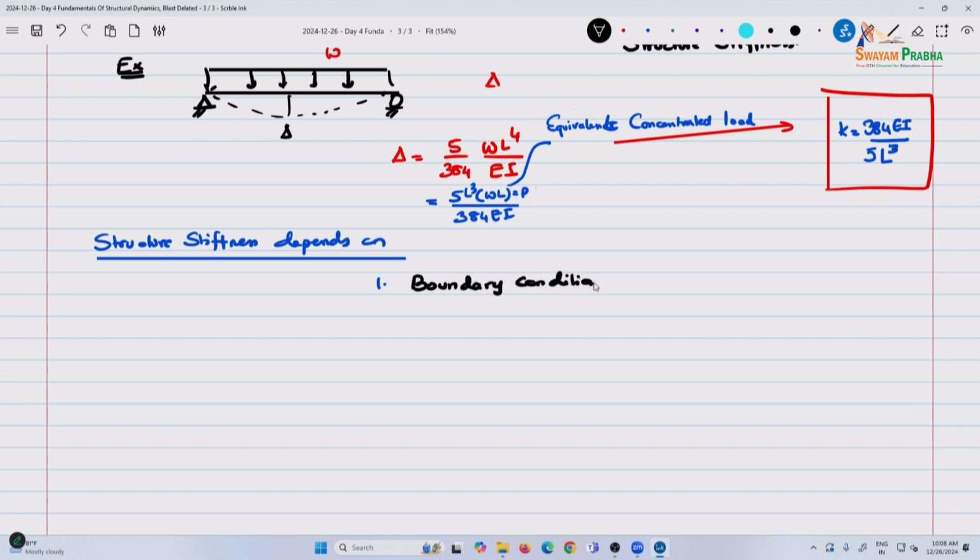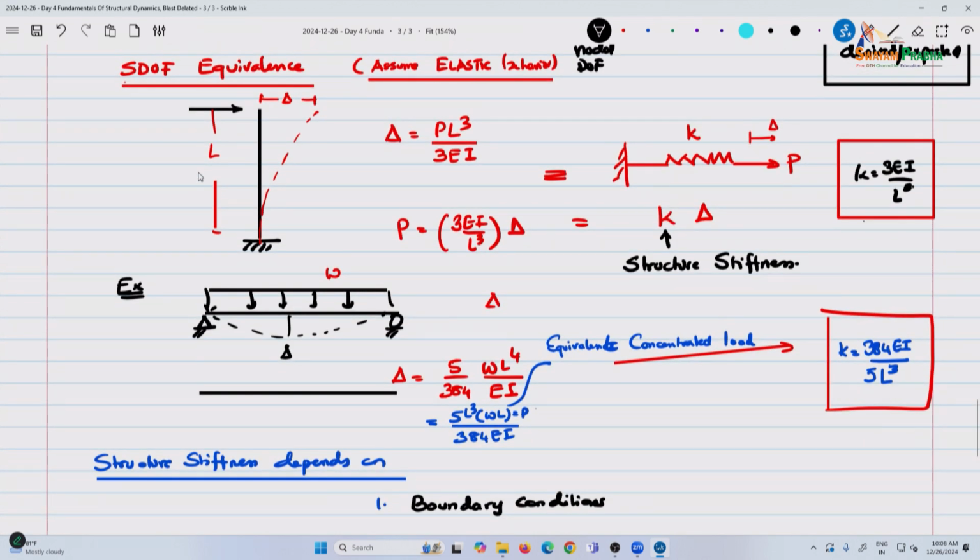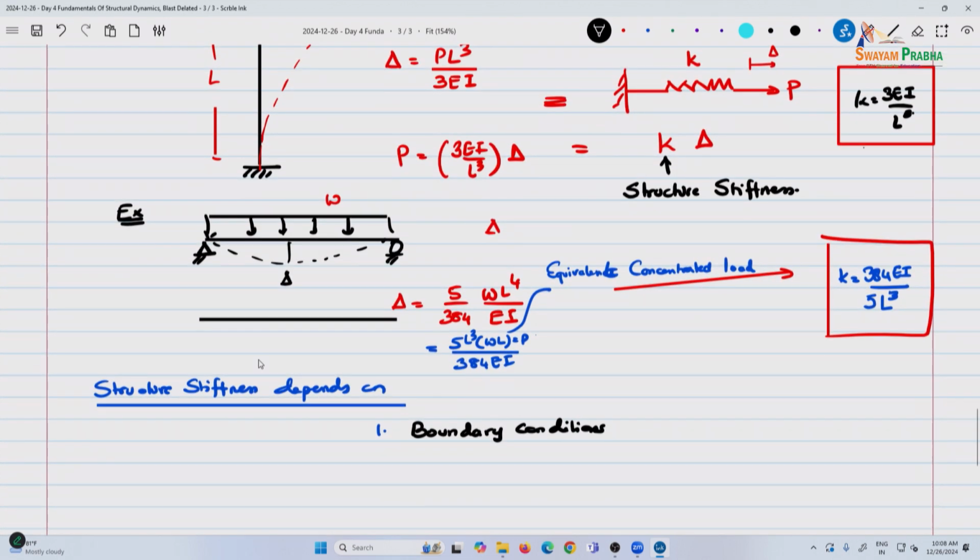If I take the same thing and change the fixities to something like this and apply the same load, the deflection equation is not going to be 5 by 384. So irrespective of the loading, boundary conditions play a role.